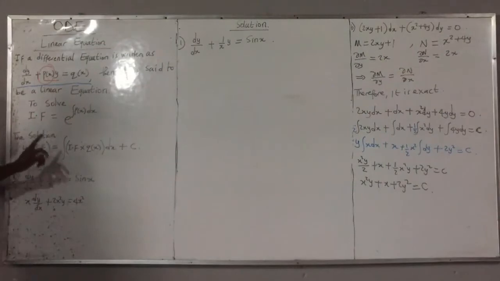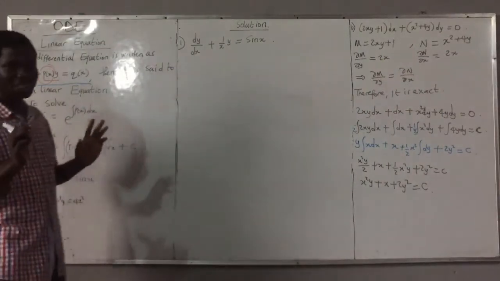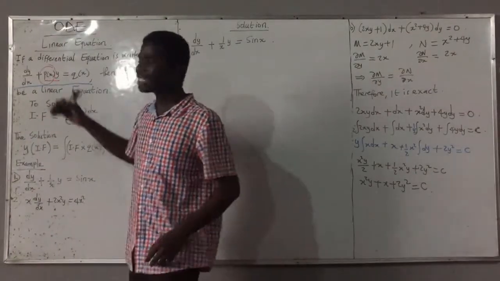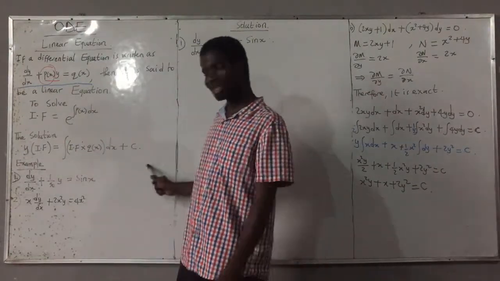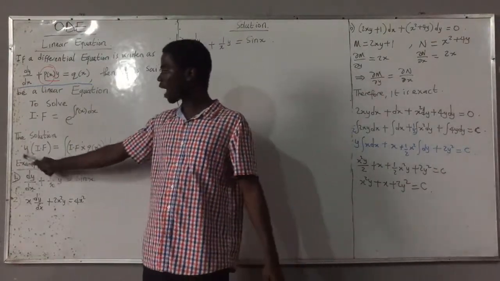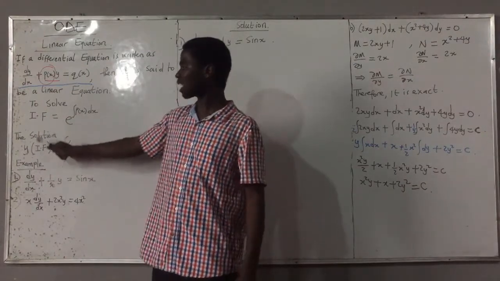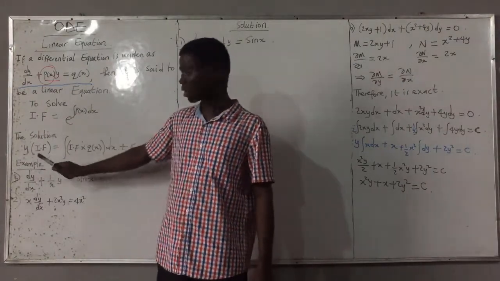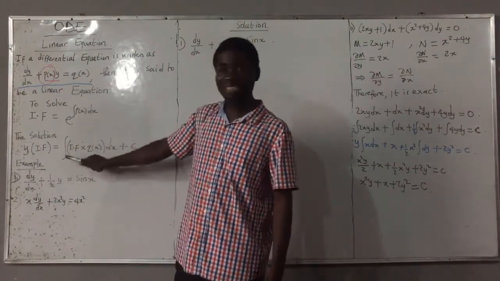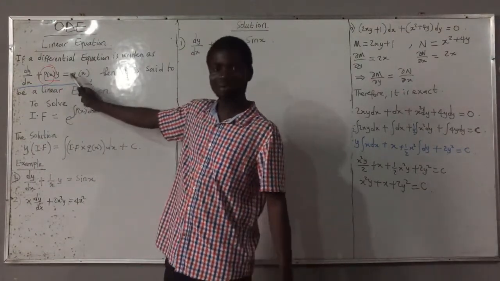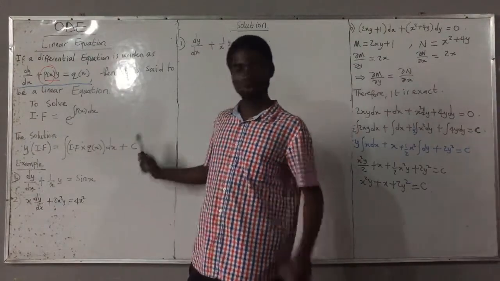The solution of this linear differential equation will now be y multiplied by the integrating factor is equal to the integral of the integrating factor times Q(x) dx, plus C. That's all.